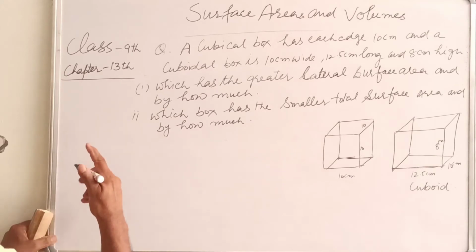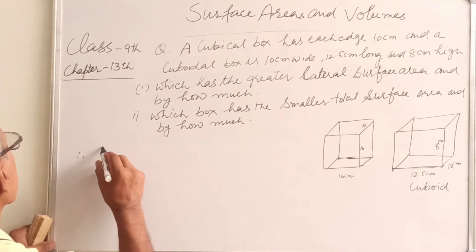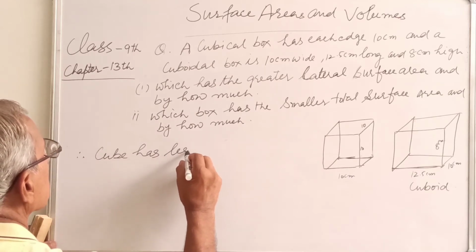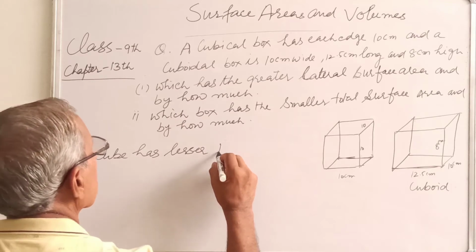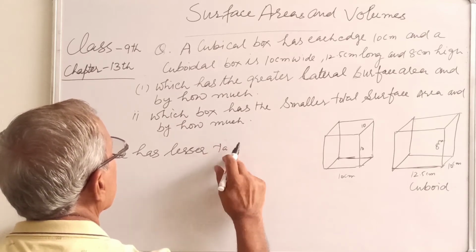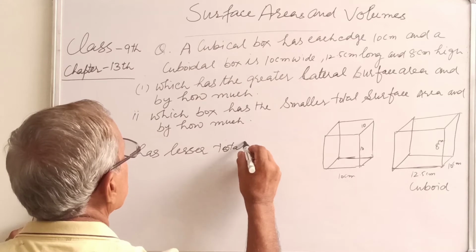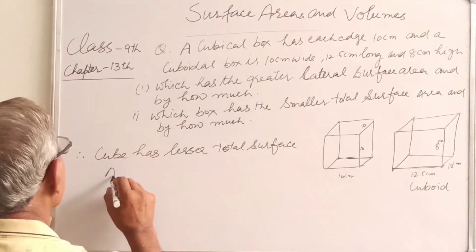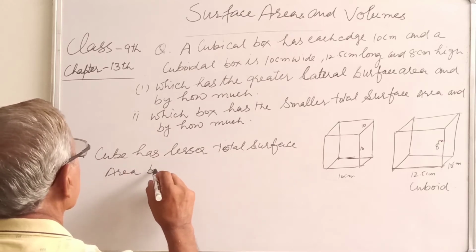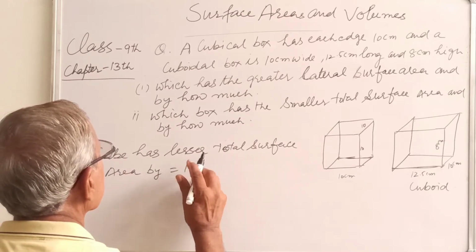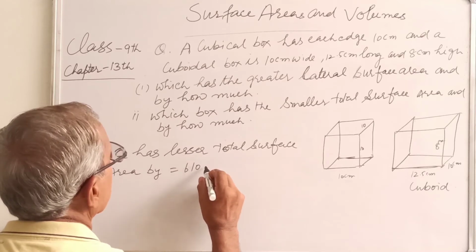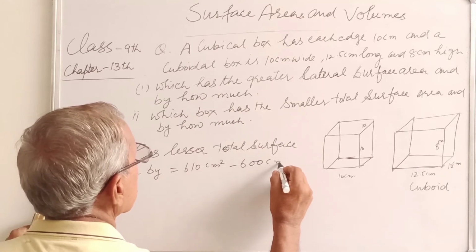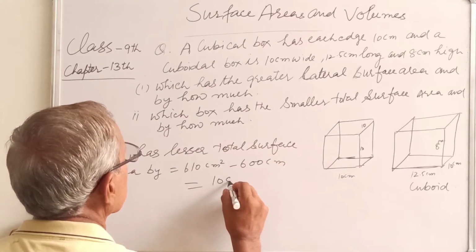So therefore cube has lesser total surface area by 610 centimeter square minus 600 centimeter square, that is 10 centimeter square.